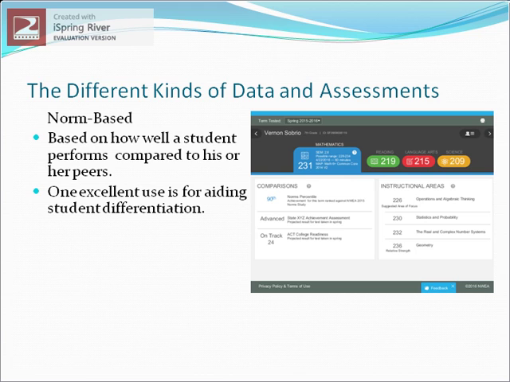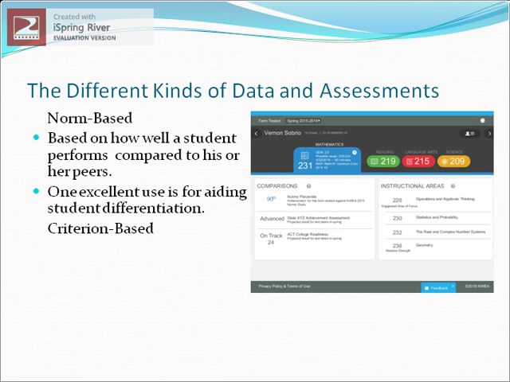If you grade norm-based tests on that basis, it helps you to group students in appropriate groups, not just in the classroom like groups or projects, but in larger groups. My school actually uses the NWEA to put students into different classes, so that opens a whole different kettle of worms I'm not going to get into.